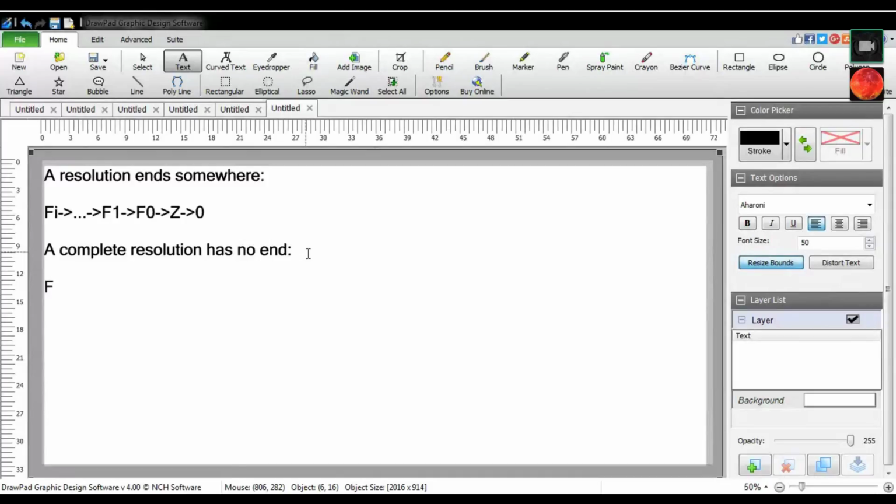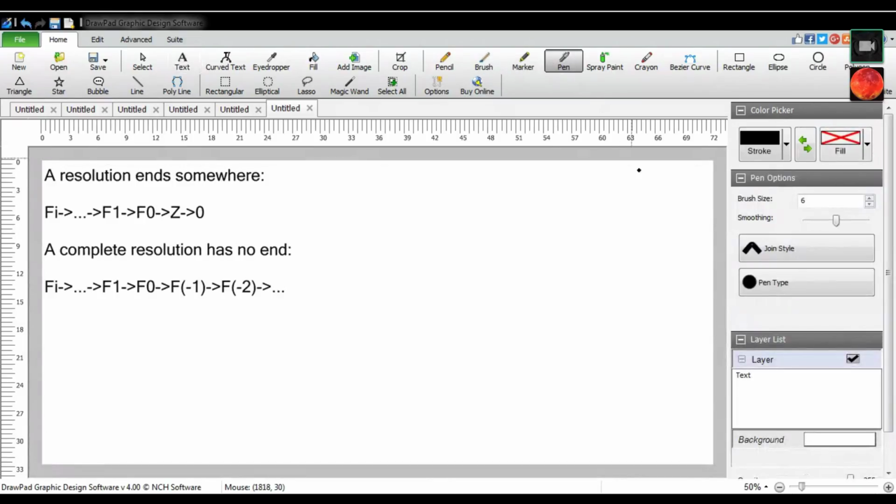What does this mean? We have some F_i. We have some other boundary maps. We go into F1, we go into F0. And from there we go straight into F_-1 and into F_-2 and so on. And now I might need to draw something. This is not yet what a complete resolution is.